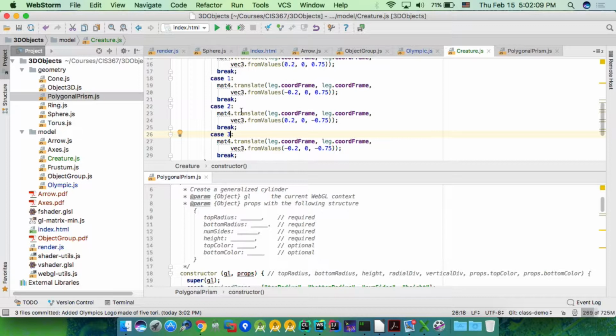I think it will be easier if I can apply the operation with respect to the world. If I want to apply the operation with respect to the world, then I want to multiply on the left side. So then that means I have to use multiply.